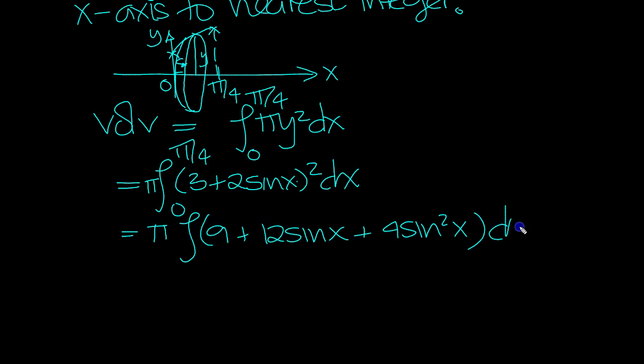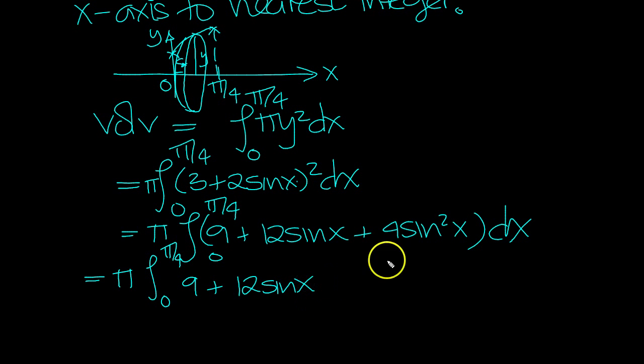dx, which equals, between 0 and pi over 4, nine plus 12 sine x. Now sine squared, we need to use a double angle formula, don't we? So cos 2x is 1 minus 2 sine squared x.